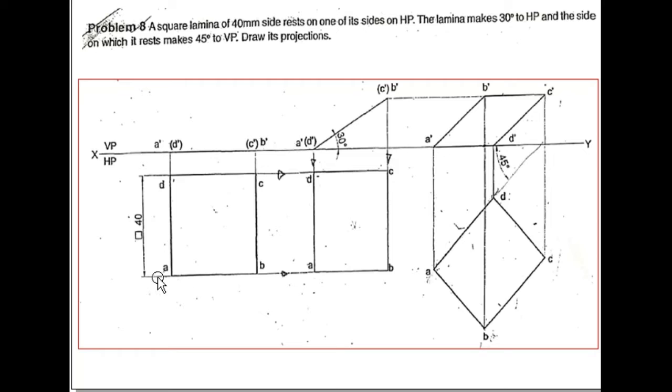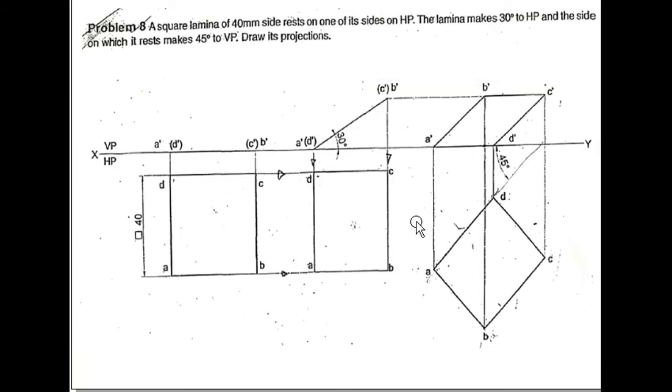So A dash and A intersection will give A. Next D dash and D will give D. Next B dash and C will give point C. Similarly C dash and C will give C and B dash and B will give point B. So join all the corners to get the second top view of a square lamina when it is inclined at an angle of 30 degrees with respect to HP plane.